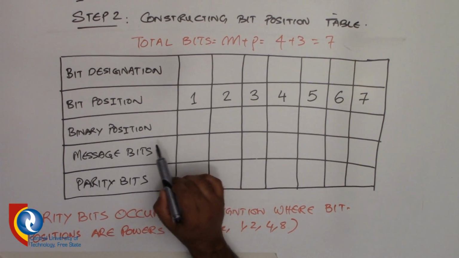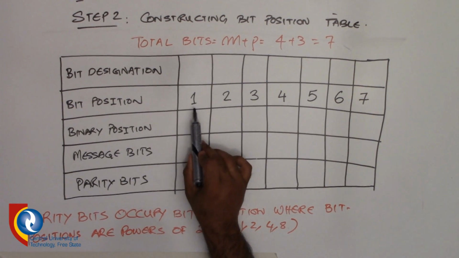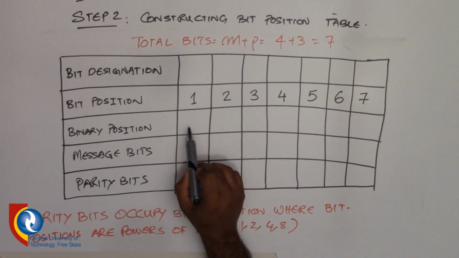In order to get the binary position, we write each of these in 3-bit binary.